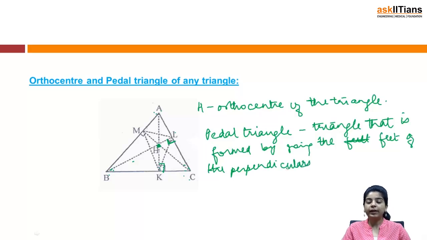If we have a triangle ABC and AK, BL, CM are perpendiculars from A, B, C on the opposite sides, the point at which these perpendiculars will meet will be termed as the orthocenter of the triangle ABC, while if we join the feet of these perpendiculars, the triangle so formed will be termed as the pedal triangle, right?